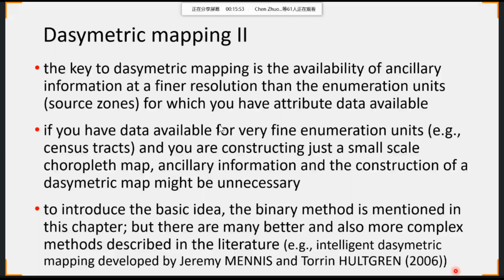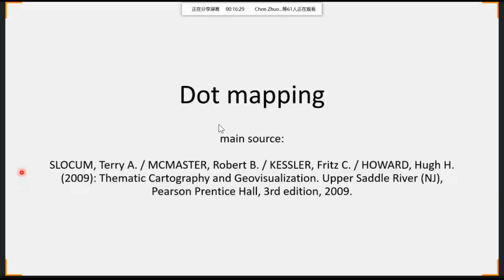So in some situations it's a good idea to do that, but sometimes, as it is written here, you just check if you have a more detailed map, like the next level of the administrative units, and then you have the better details and you don't need anything else. So therefore, the method is not used too often. This was this chapter about densitometric mapping, and I want to go on with another map type, dot mapping.